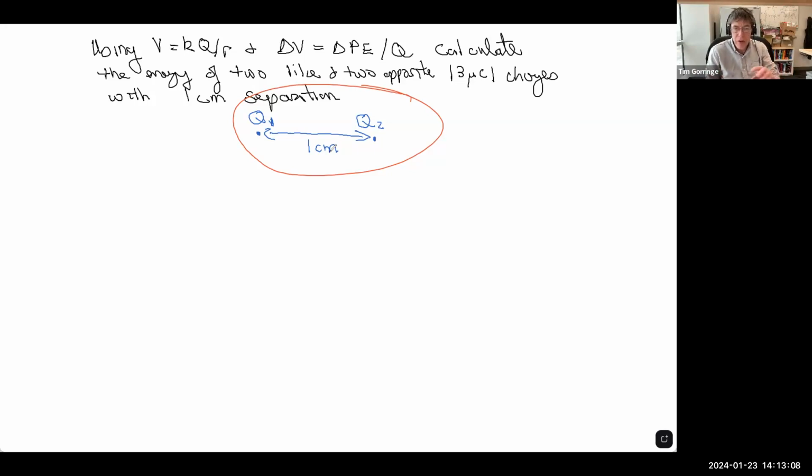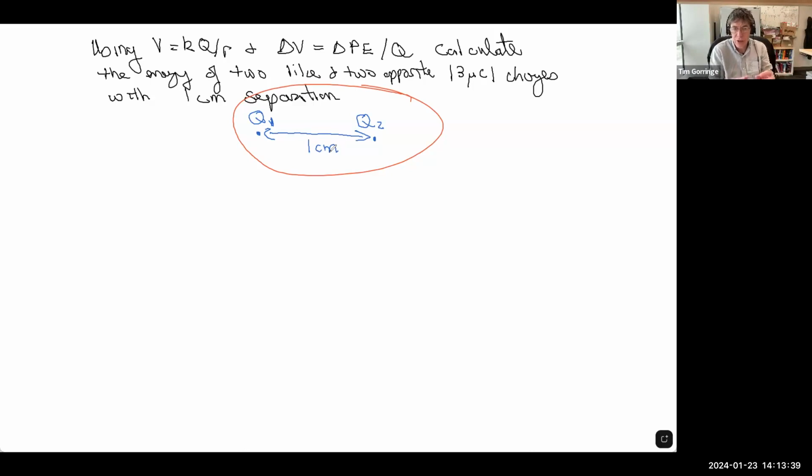Before we solve numerically the energy that's stored in this arrangement, let's just talk qualitatively about the energy stored in this arrangement. If these two charges are like charges, so if they're both positive or they're both negative, to position these charges in the neighborhood of each other, for them to be in the presence of each other, we have to push those charges together.